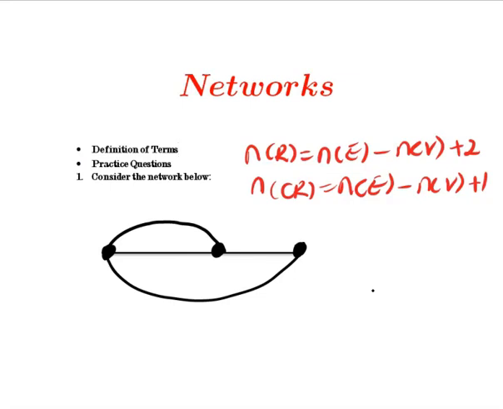How many vertices are here? Let's count together. 1, 2, 3. There are 3 vertices. How many edges or arcs are there? 1, 2, 3, 4. Okay, so there are 4.